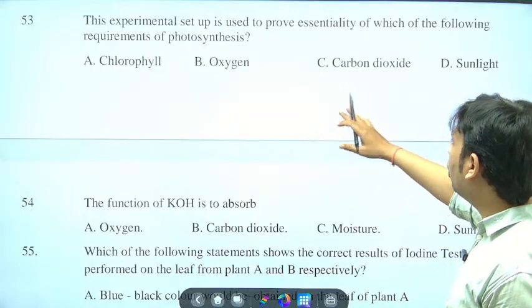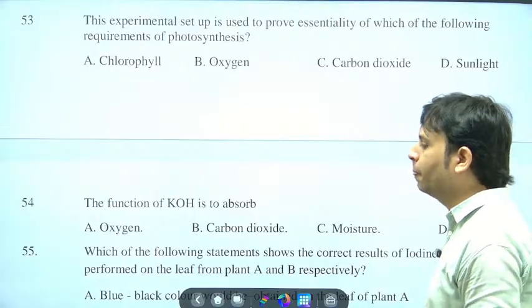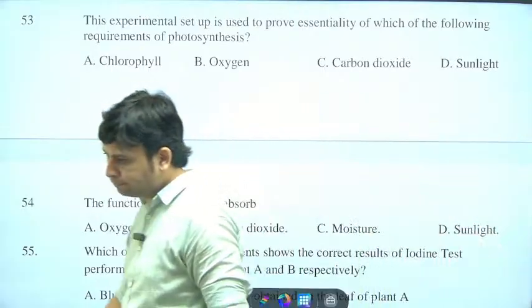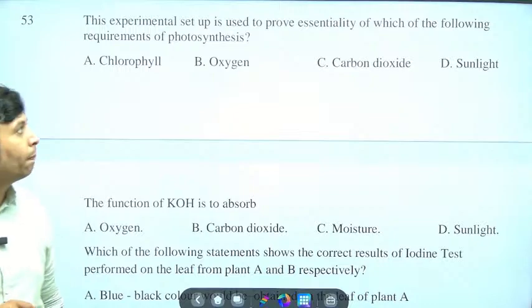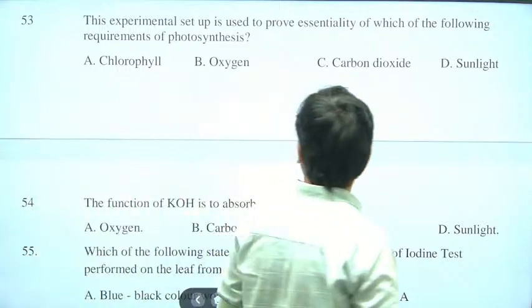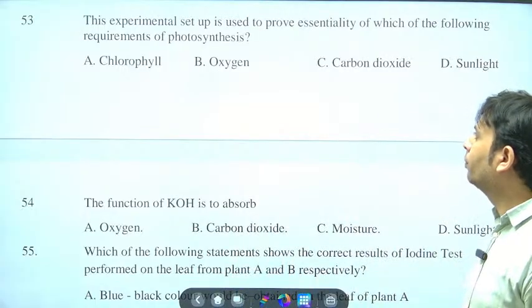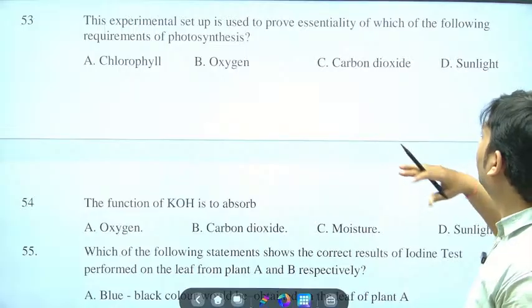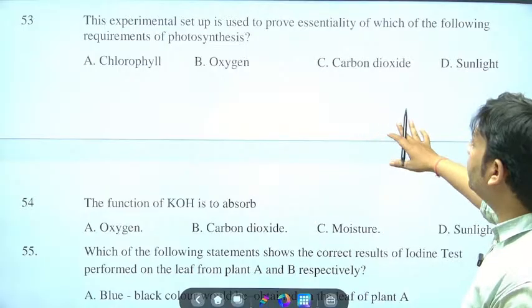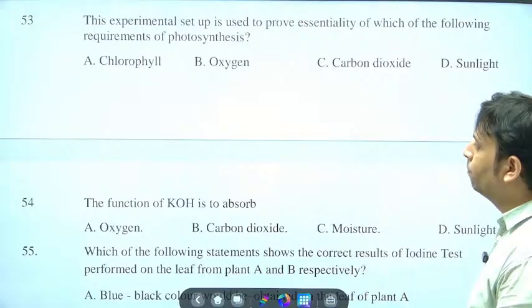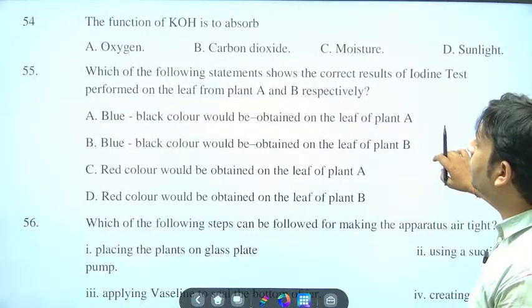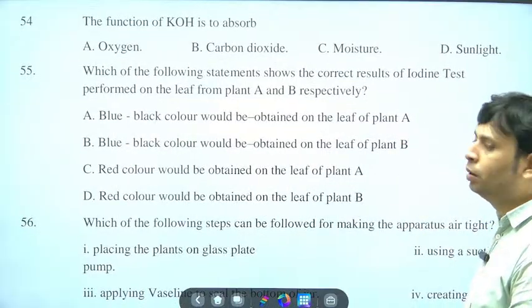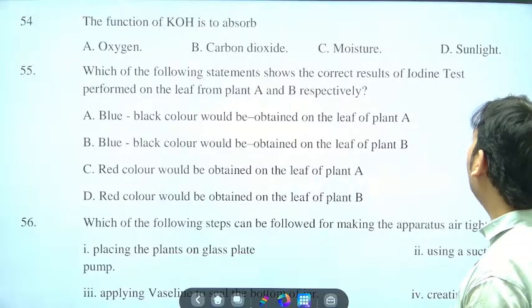The options are chlorophyll, oxygen, carbon dioxide and sunlight. And the next question is, the function of potassium hydroxide is to absorb oxygen, carbon dioxide, moisture or sunlight.